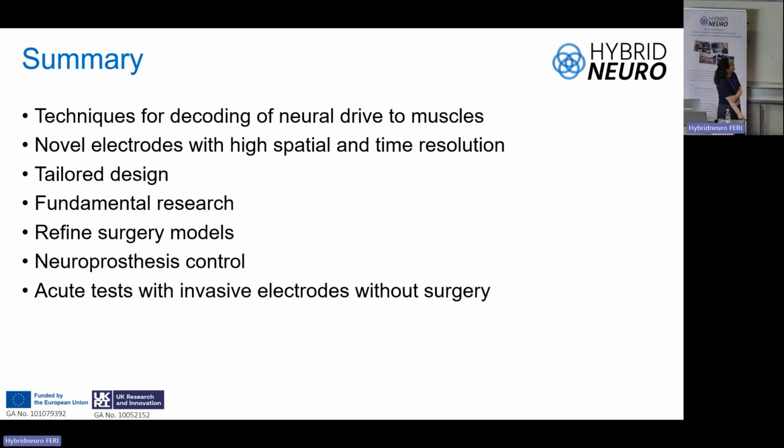We can use this type of electrode both to answer fundamental questions in motor control, but also for neuroprosthetic applications, as a neural interface. I also showed you that it's possible to do acute tests with this invasive electrode without any surgery, so that we can optimize the design before making the electrode implantable.